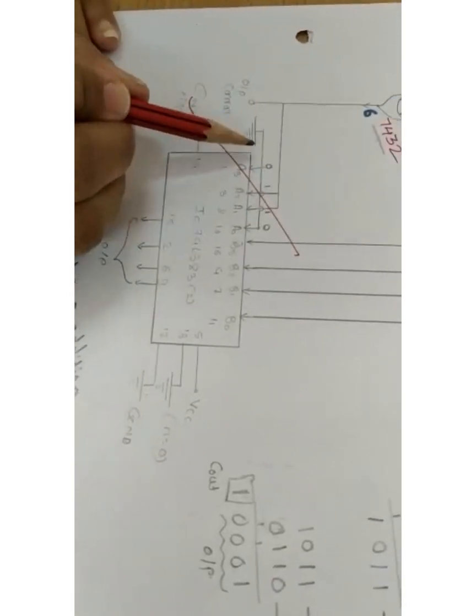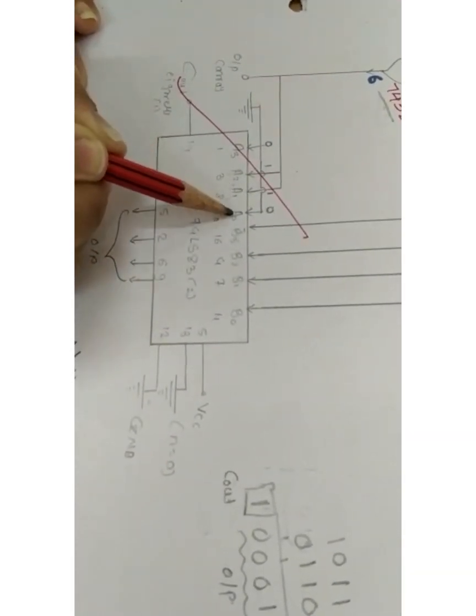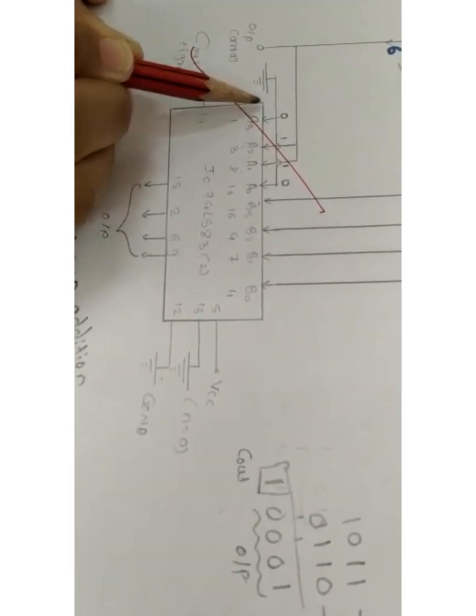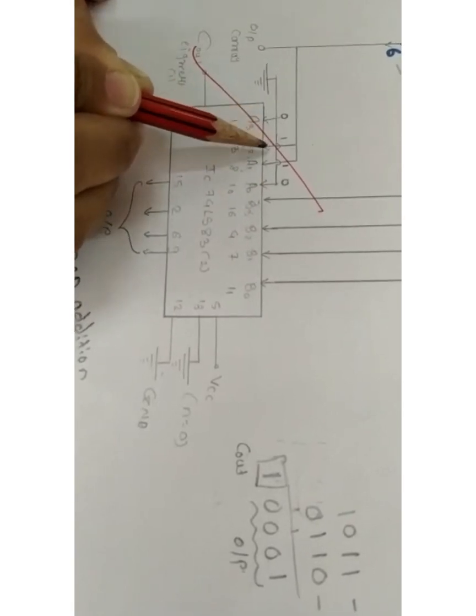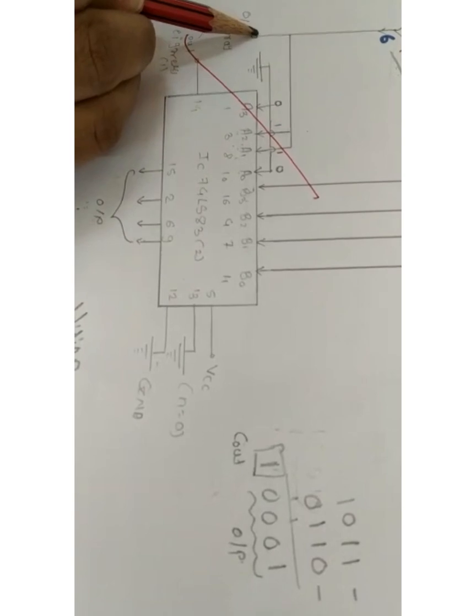So you have to connect A2 and A1 at 1 1, and A0 and A3 should be connected to ground. So according to this arrangement you can add the 6 in this next BCD adder IC. Okay, and this is your carry output.